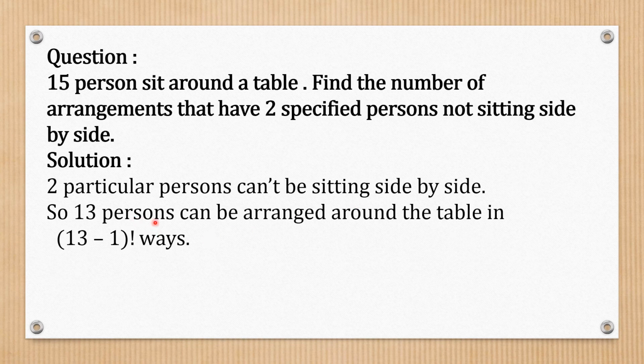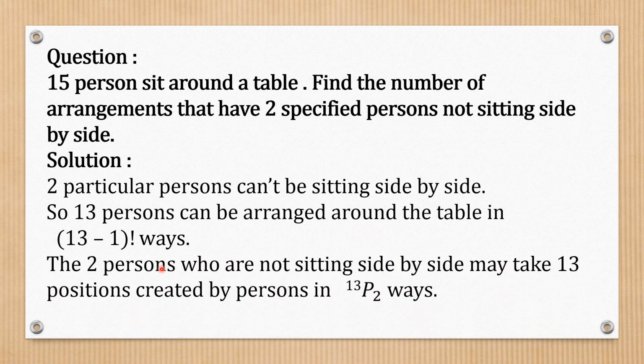So 13 persons can be arranged around a table in (13 minus 1) factorial ways. The 2 persons who are not sitting side by side may take positions created by the 13 persons in 13P2 ways. Okay.